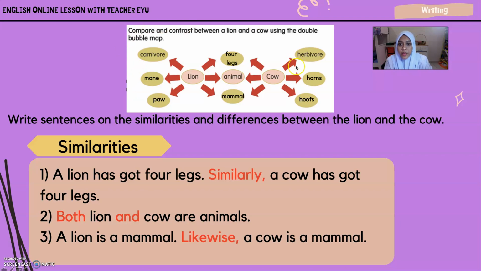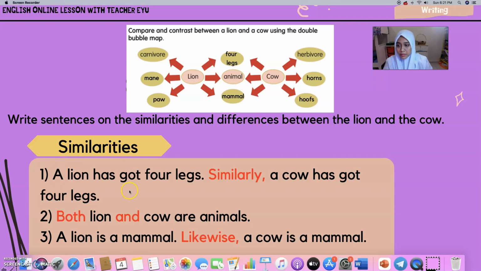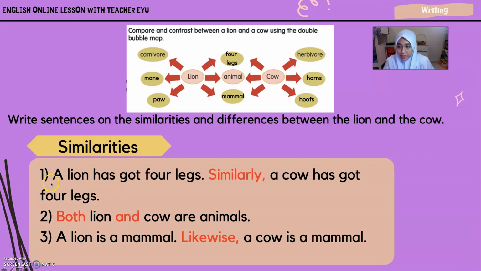Now from this double bubble map, let's write sentences on the similarities and differences between the lion and the cow. We are going to construct sentences. Kita nak tulis ayat. Firstly, let's write about the similarities. Sentence number 1, a lion has got 4 legs.